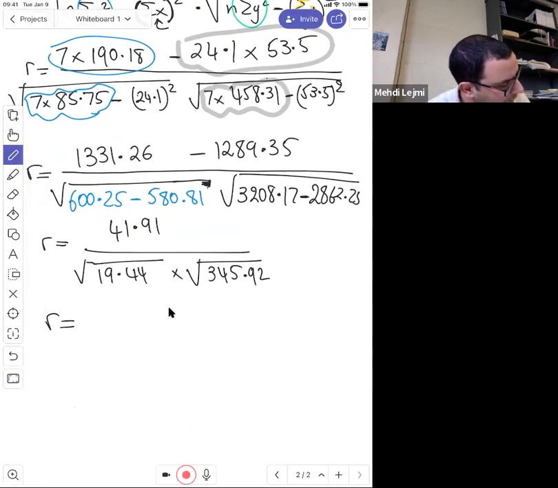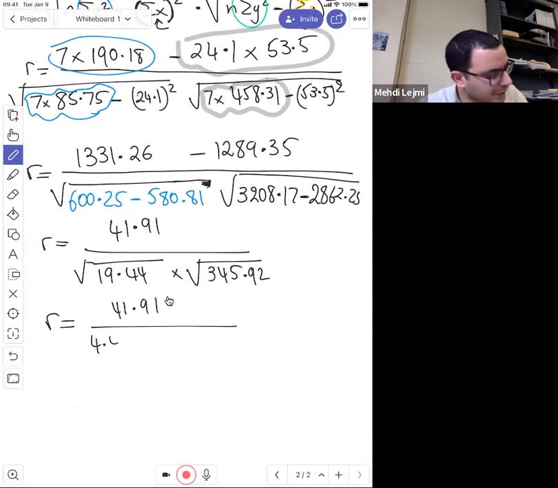So there's this 41.91 in the top. Take the square root. So you have the square root of 19.44, which will be equal to 4.40, times the square root of 345.92. That will be 18.6 or 59, I think.